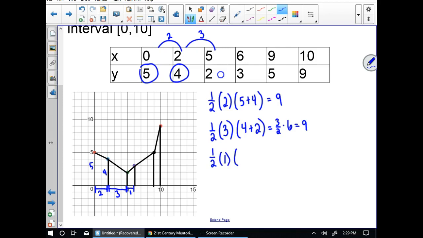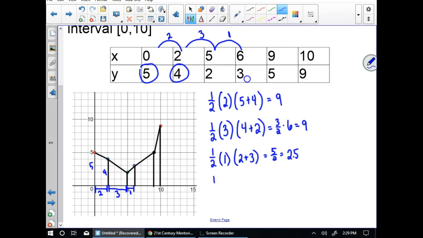My bases here have heights of 2 and 3. So for this one, I'm going to get 5/2, or 2.5. We'll see at the end which one we'd rather use here. Here you can see from 5 to 6, that's a width of 1, and then 2 and 3 are the two bases that you use.